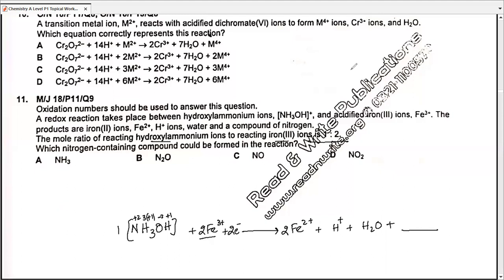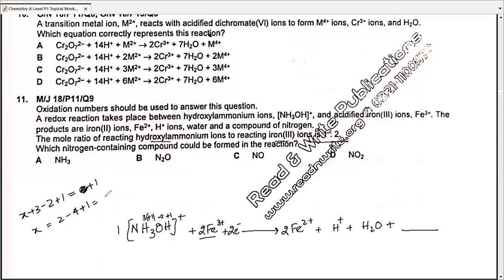I guess, no, not +2. Wait. Since we need to find this one out, x plus 3 minus 2 plus 1 is equal to, sorry, plus, since the whole thing is positive, plus 1. So x is equal to 2 minus 4 plus 1, plus 1 minus 4 plus 2.